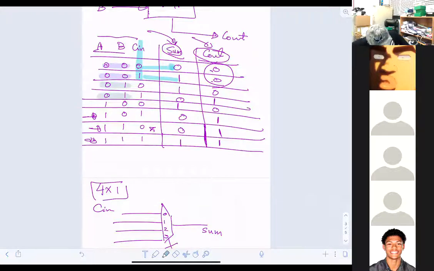Okay, we covered this part, right? When the AB is equal 0, 0, right? Yes. Now the AB is equal 0, 1. How many 0, 1 do we have in this table for the AB? Oh, we have 2. Yes. So we need to know what is the functionality of the CN.